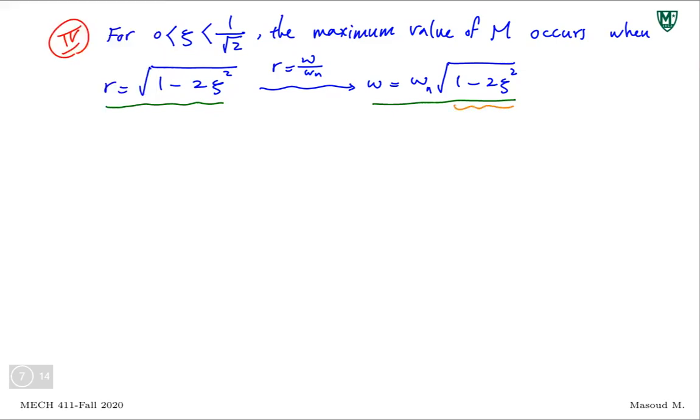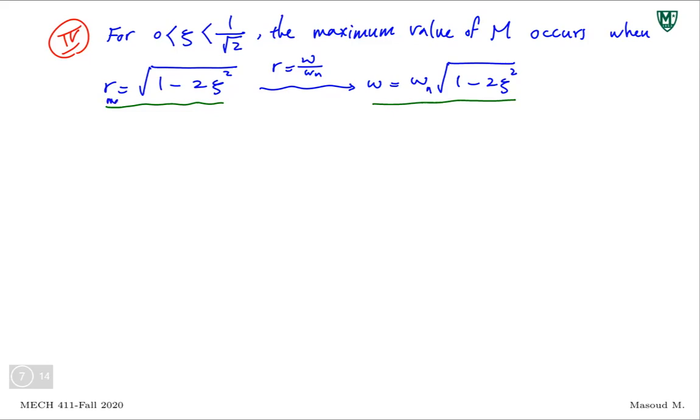Remember, zeta is a number between 0 and 1. Typically, here it is even smaller than 0.7. So this is a number smaller than 1, the whole thing. So this means that obviously omega is smaller than natural frequency, and omega is even smaller than this specific omega.